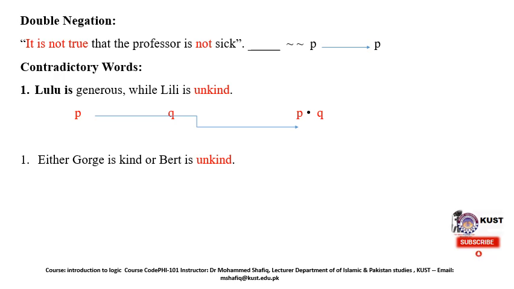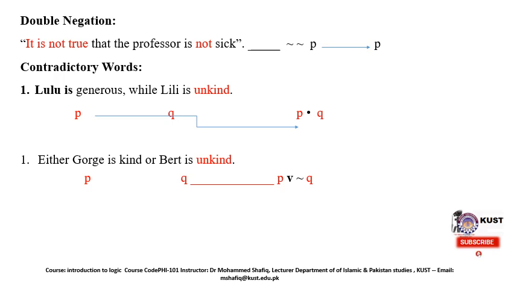Another example is: either George is kind or Bert is unkind. "George is kind" is expressed with the letter P, while "Bert is unkind," or "Bert is not kind," is expressed with the letter Q, being a negative statement. It means a curl before that.